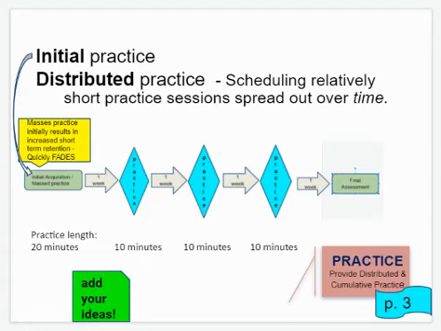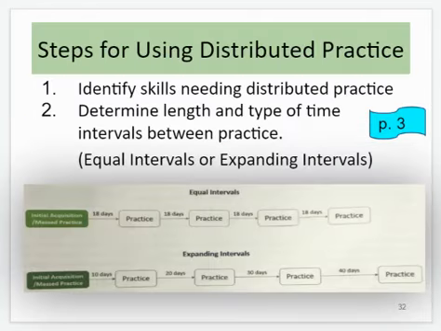You can also do what we call expanding intervals. So what we just gave you was equal intervals, but maybe it's 10 days, then it's 20 days, and then we're expanding the intervals. And both of these have equal research supporting their effectiveness.